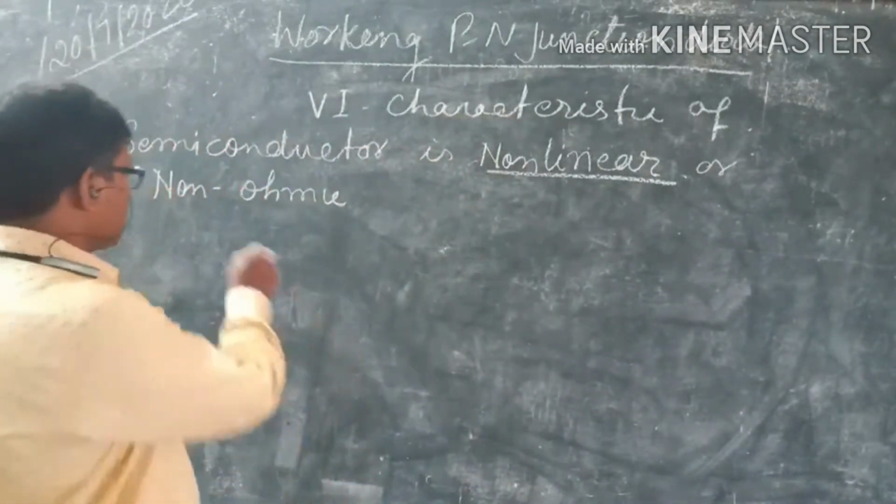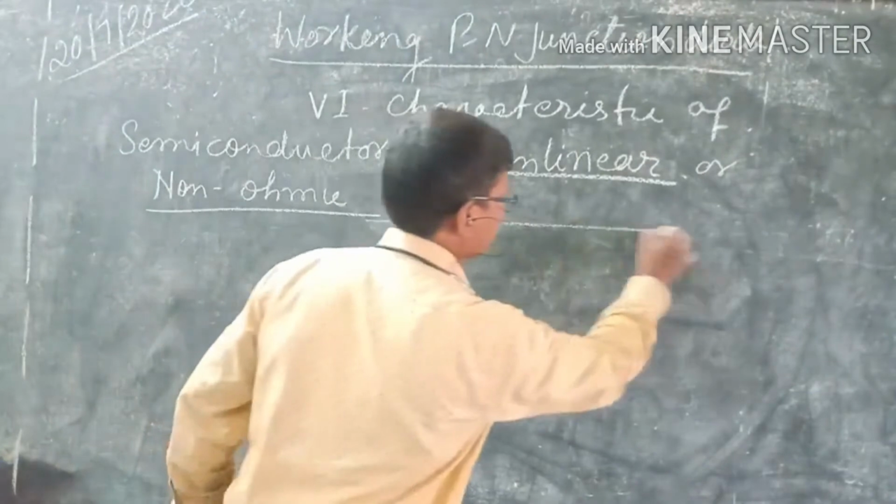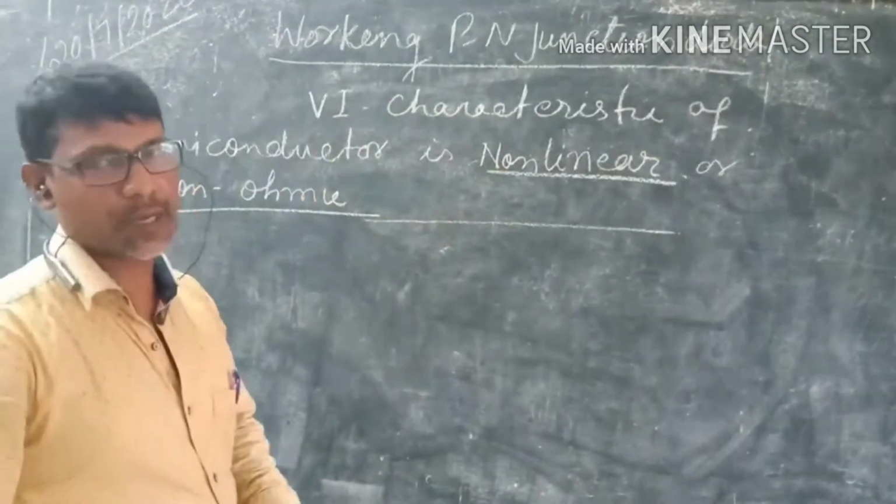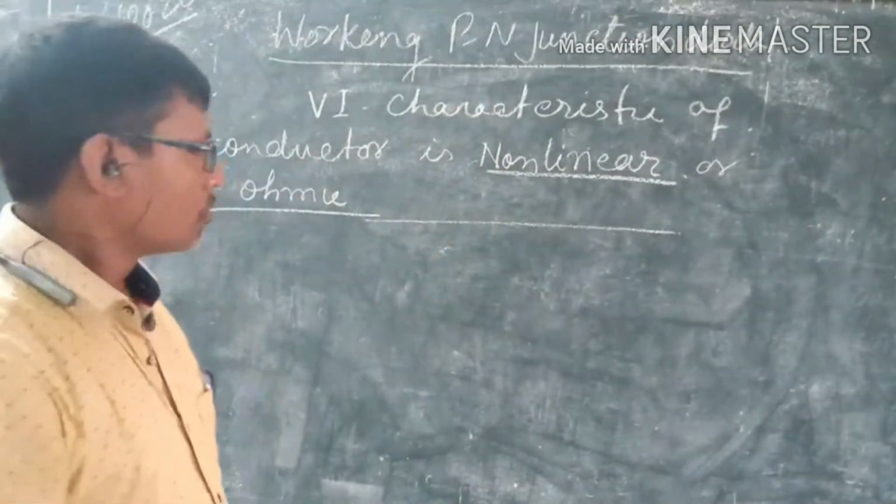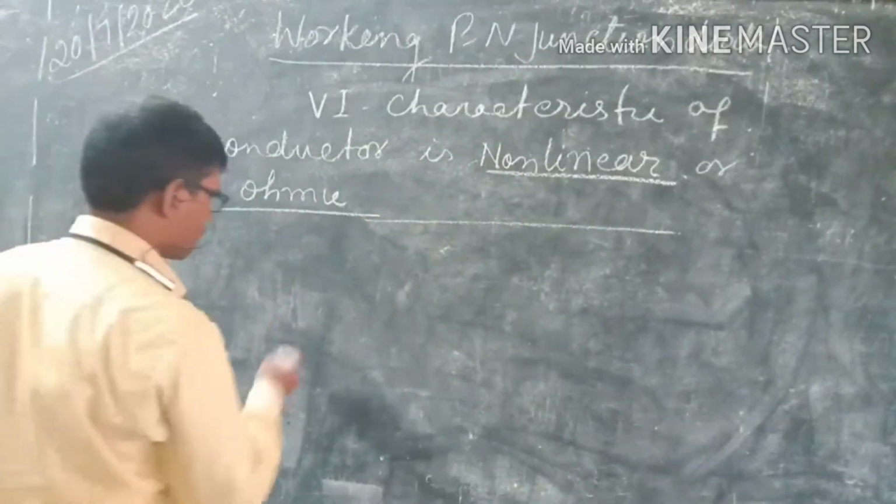So for drawing the VI characteristic, we need an experimental arrangement. So draw this experimental arrangement.